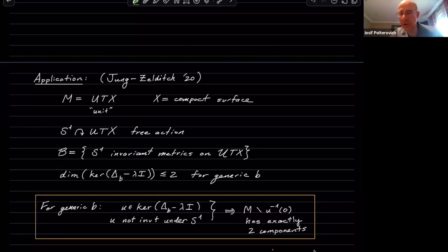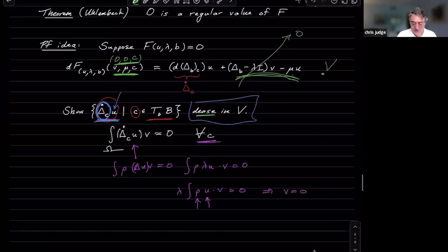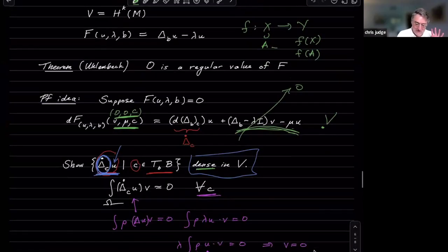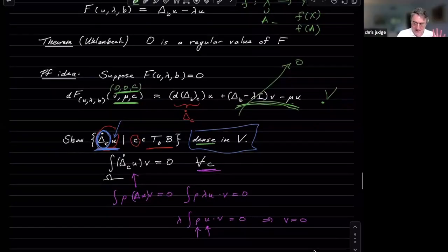Chris, sorry, there is another question by Alexander about the previous argument, in the chat. This is the H^k product in L2. Yes, that's a very important point. This is something I'm sweeping under the rug. You want to be dense in H^k. Absolutely.